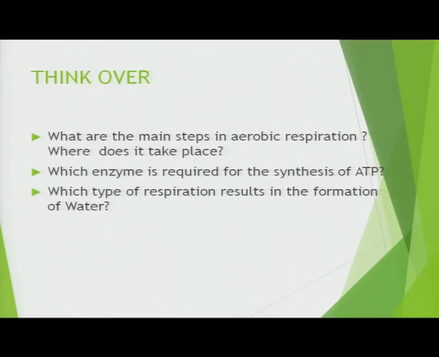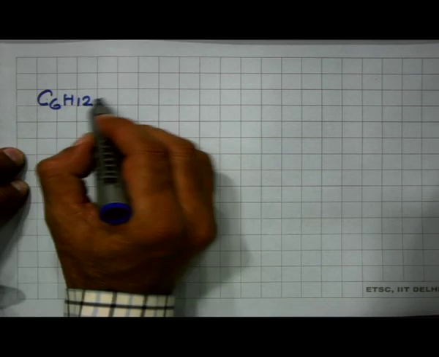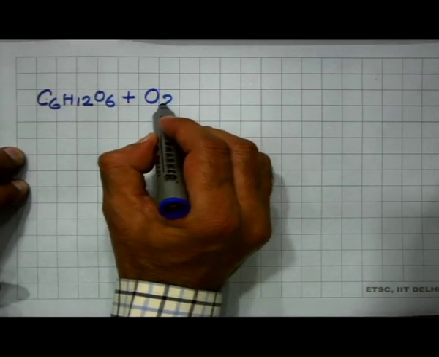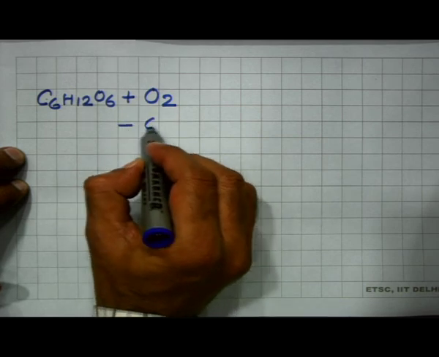And now, think over this question: which type of respiration results in the formation of water? The ultimate product is water, as we discussed in my first class. In respiration, what happens? The carbohydrate molecule combines either with oxygen or in the absence of oxygen.